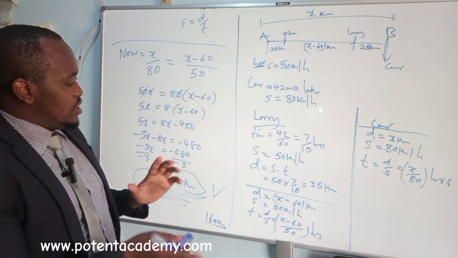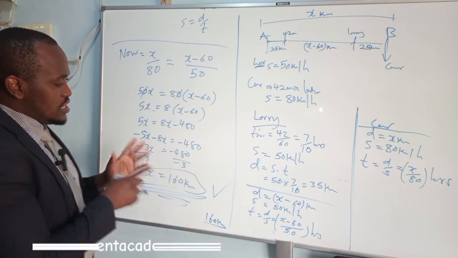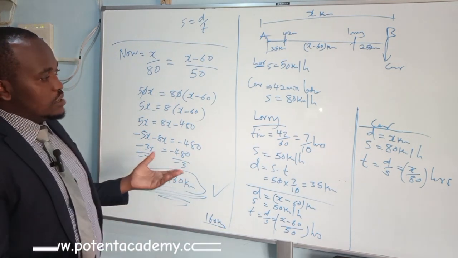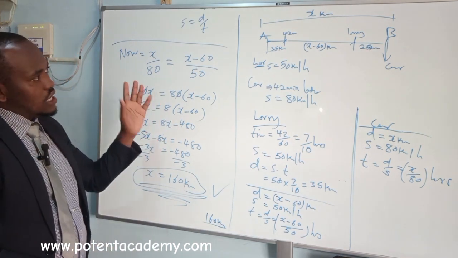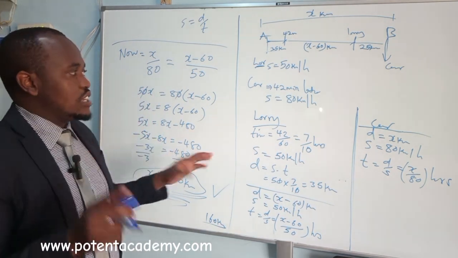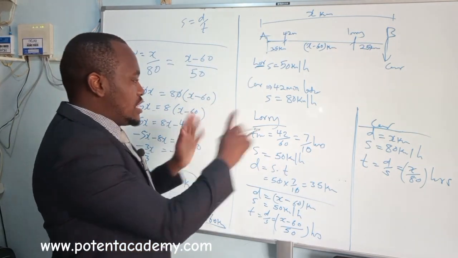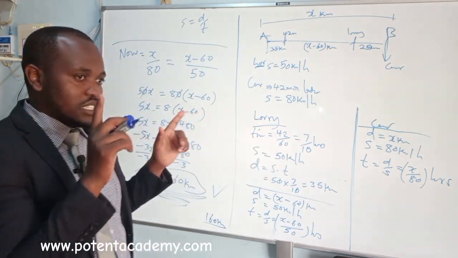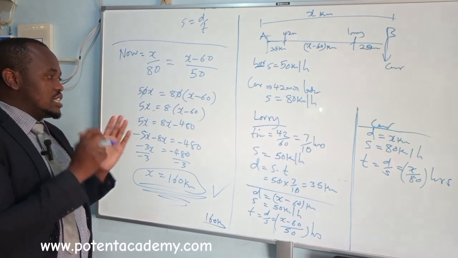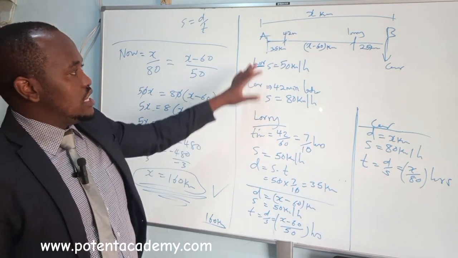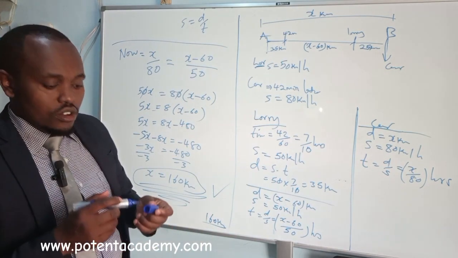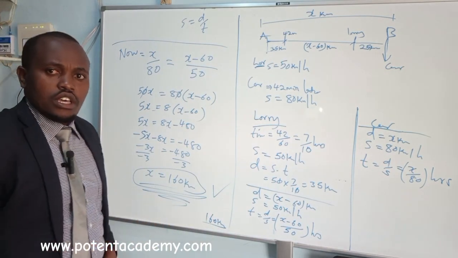You can just find a way of equating the two, but I think in this question, equating the time is easier. I had seen someone else doing it by the distance, but just know that you are going to equate for the car and the lorry. You equate something so that it is the same, and it can be the distance or the time, because the speeds you are given are in terms of x or the variable that you decide to use.